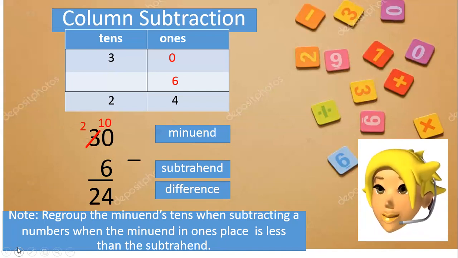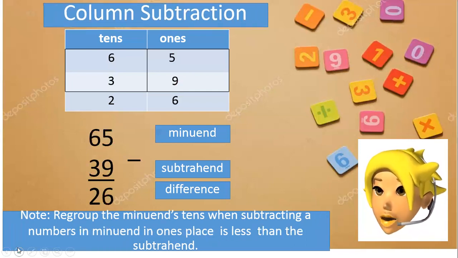We just write our tens place as 2. Now our column subtraction in this number, 30 minus 6 equals 24 as our difference.